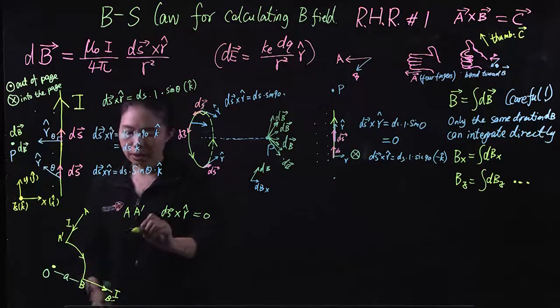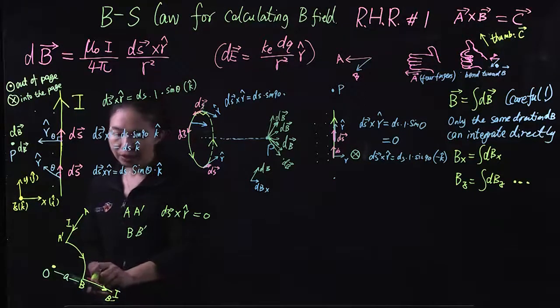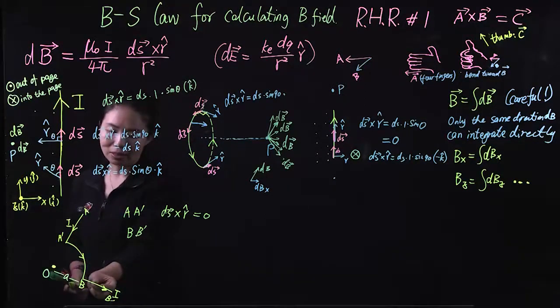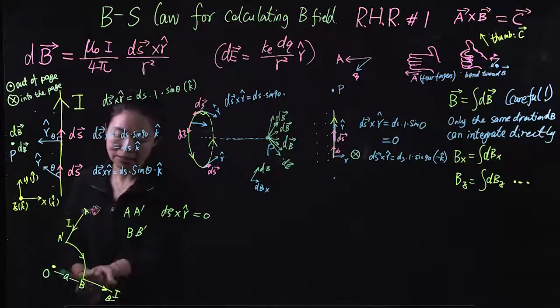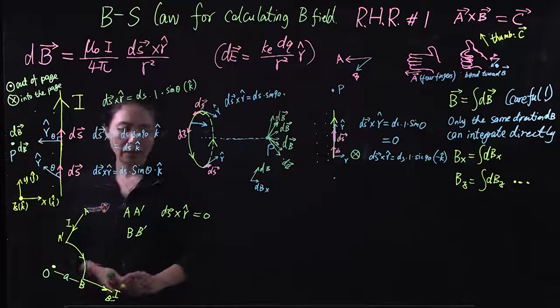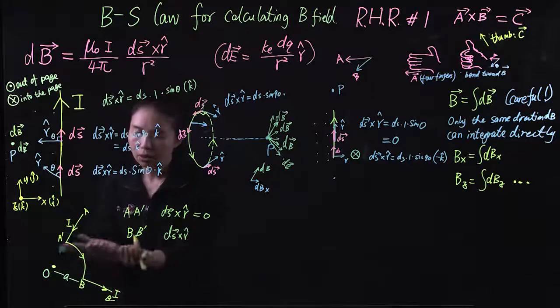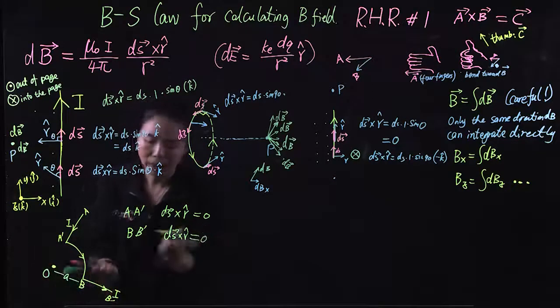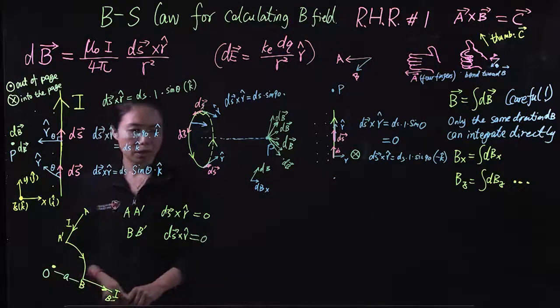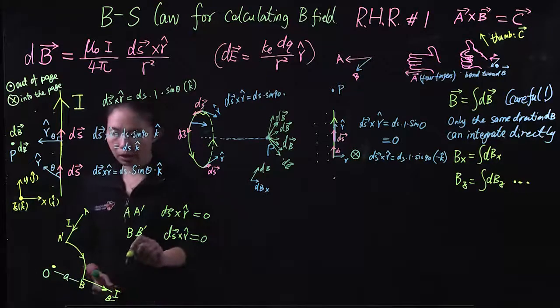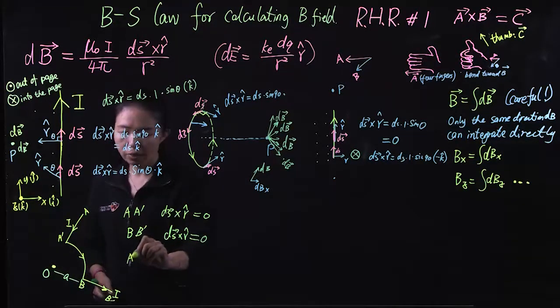For the last part, B to B prime, any small piece ds that you consider is in the direction 180 degrees away from R. ds this way, R this way. And since sine 180 equals 0, ds cross R is equal to 0 when they are in opposite directions. So what only matters is this part from A prime to B.